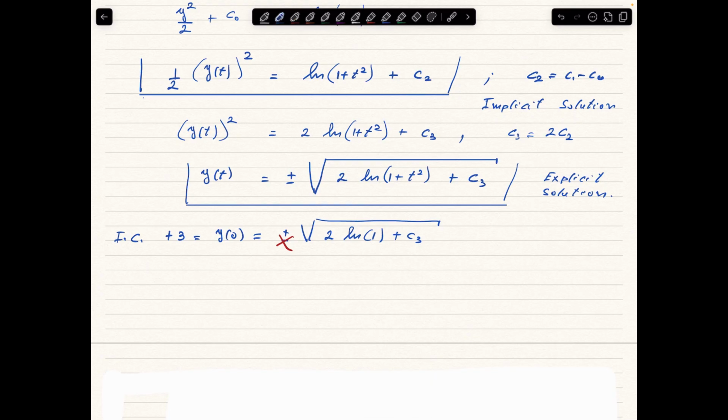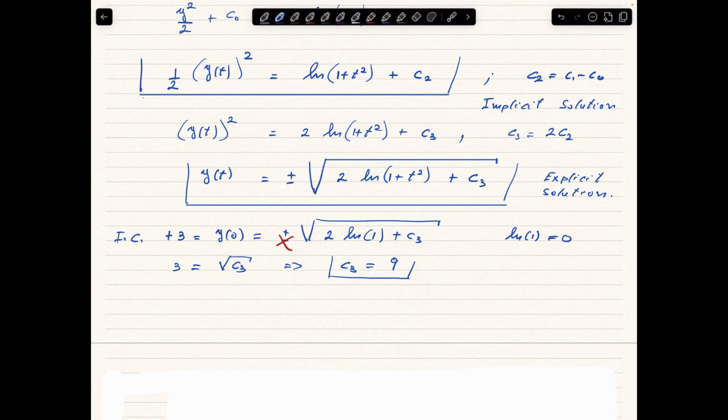And notice that natural log of 1 is always 0. So from here we get that 3 is equal to the square root of c3, and that means that c3 is actually 9.